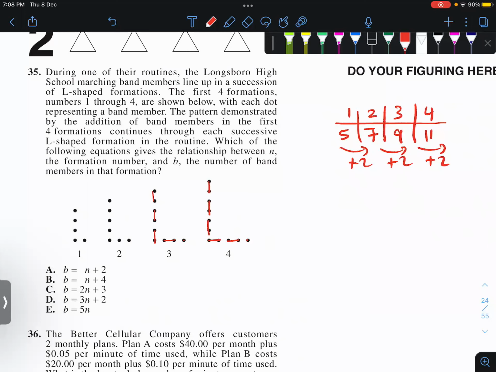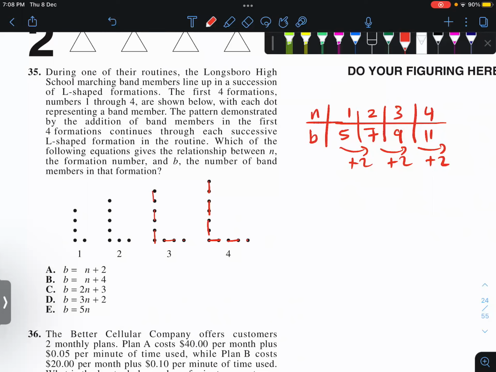And now B, the number of band members, is equal to N plus 2? And here is N and here is B, right? 1 plus 2 is 5?